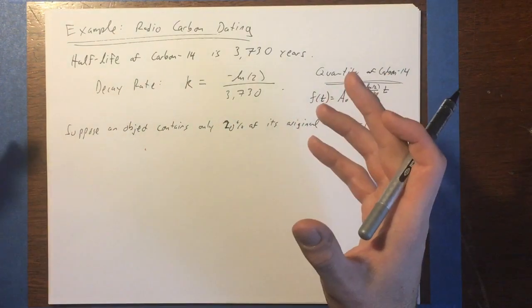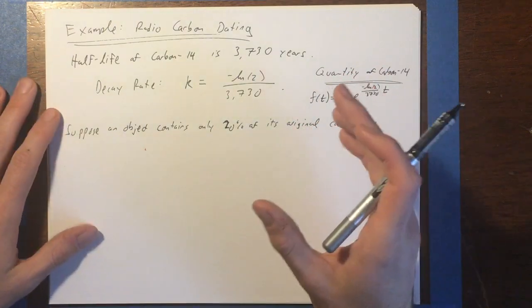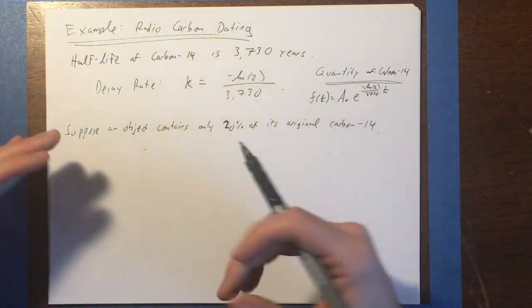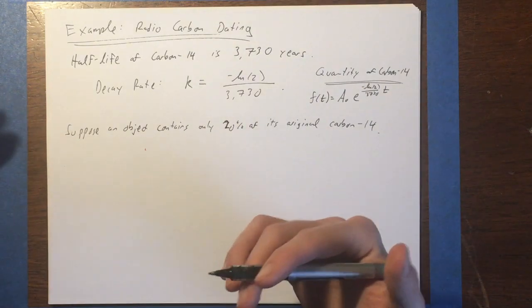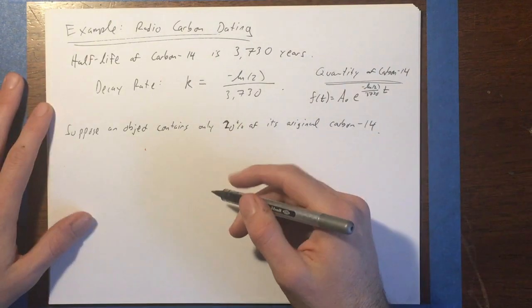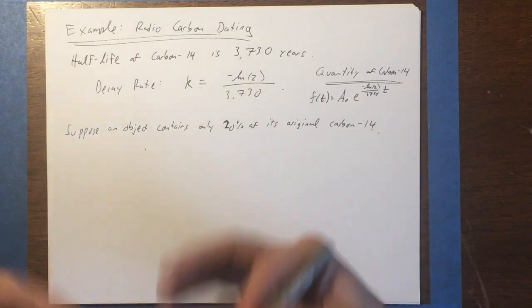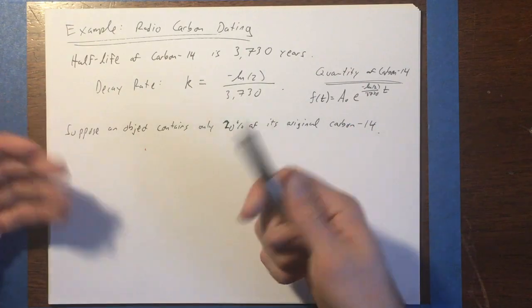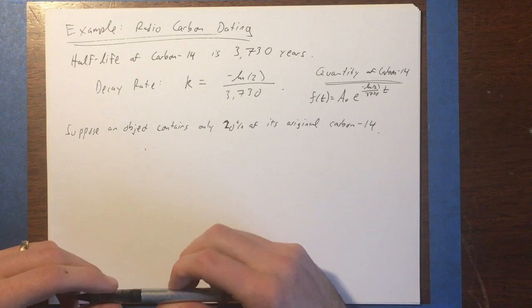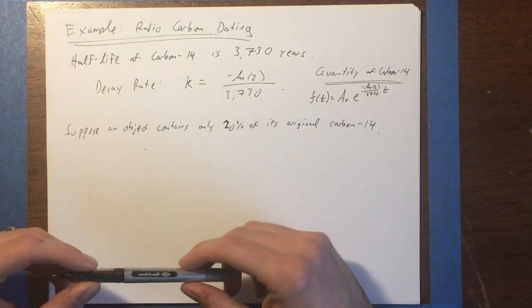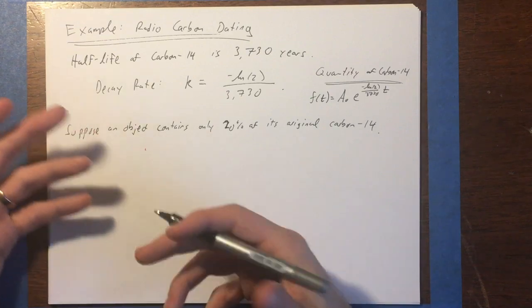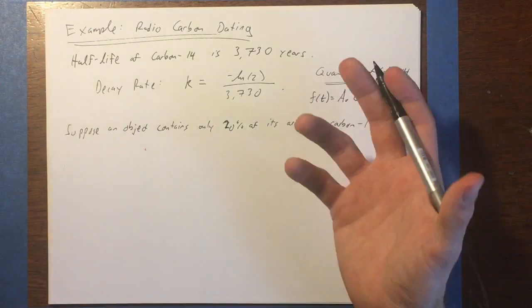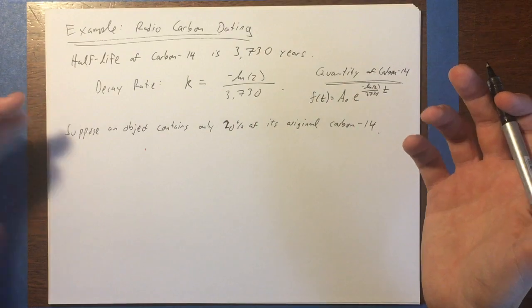This is where I don't really know all the details. It has something to do with the ratio of carbon-14 to carbon-12, I think it is, in the atmosphere. And so we can figure out what the ratio should be and what the ratio would have been when that thing was made. And so then we can determine that it's got just 20% of its original carbon-14.